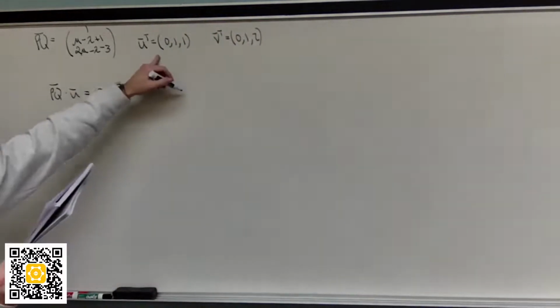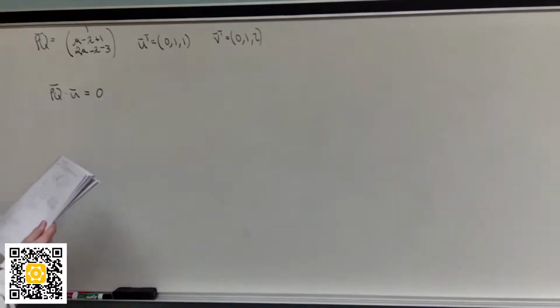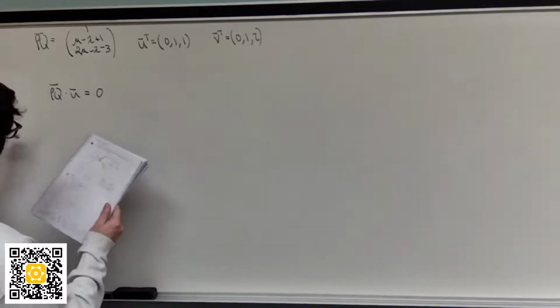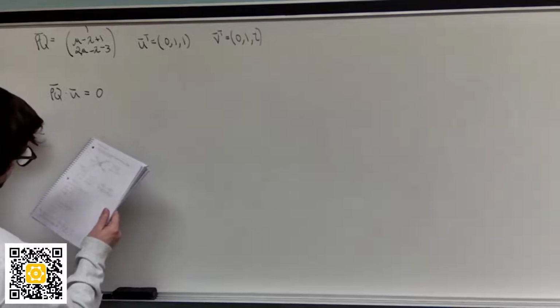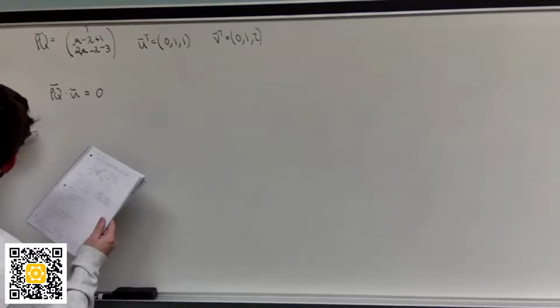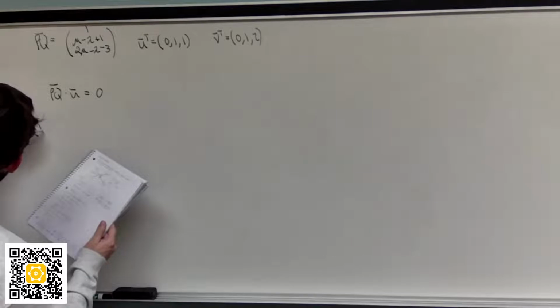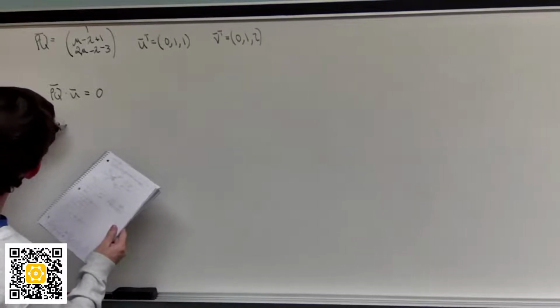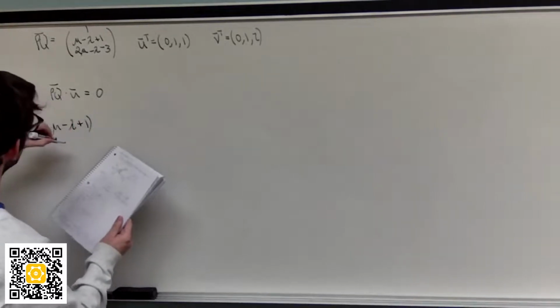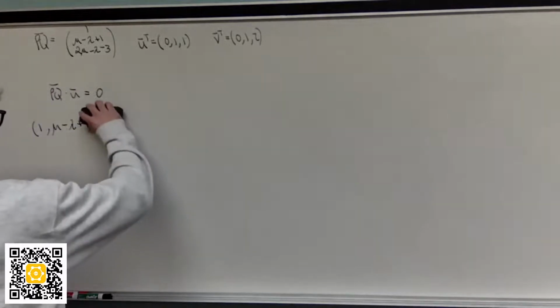I did transpose so I can write it in a row and not as a column, trying to use as little space as possible. So this is going to be, let's just substitute everything in. That's a better term. It's the correct term.